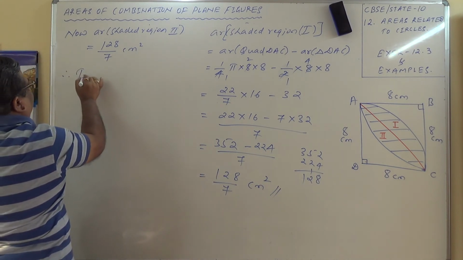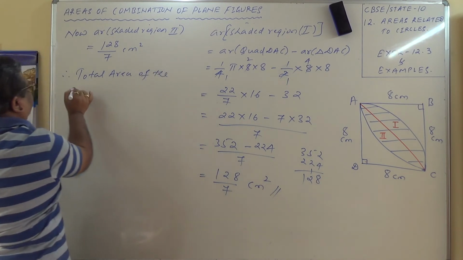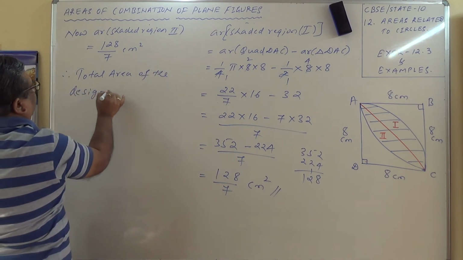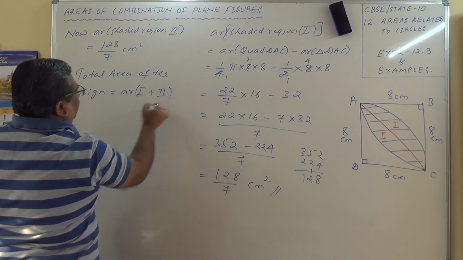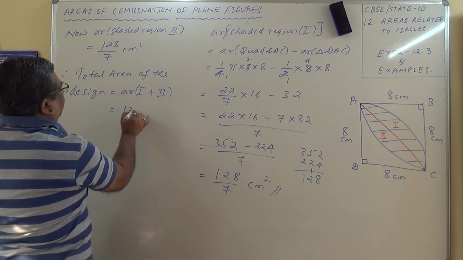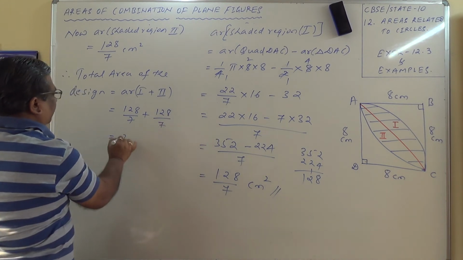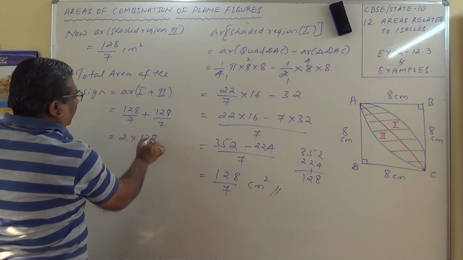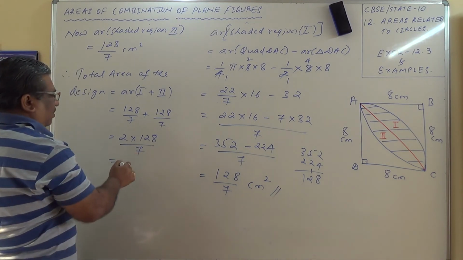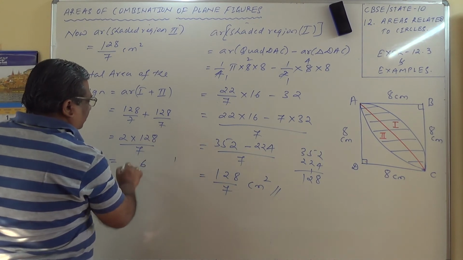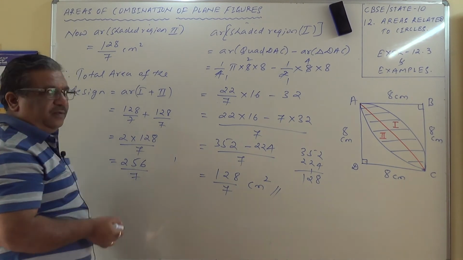Therefore total area of the design is equal to area 1 plus 2, which is 128 by 7 plus 128 by 7, which is 2 into 128 by 7, which is equal to 256 by 7 is what we are getting.